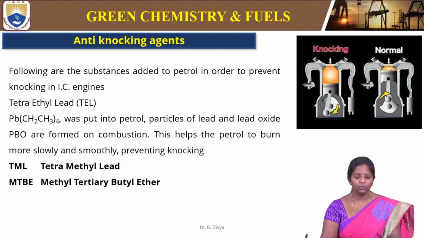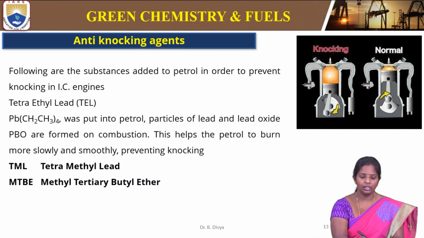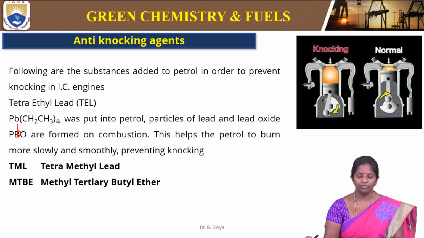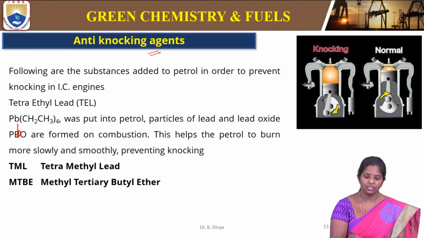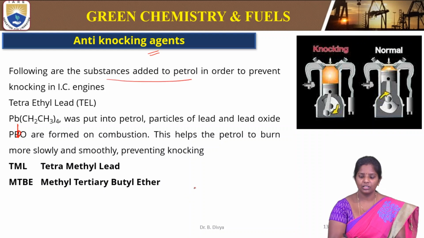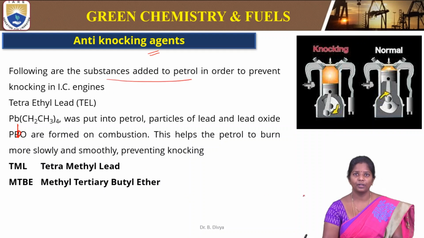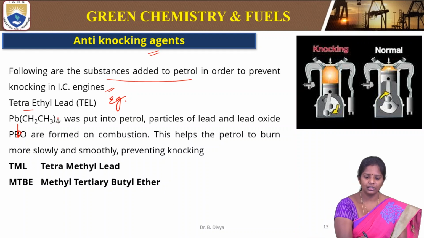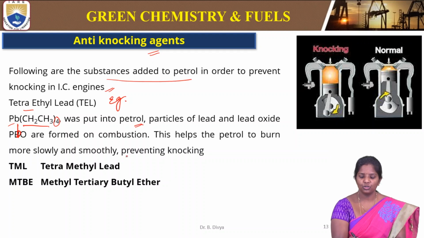So what do we do when there is knocking in the engines? We use anti-knocking agents. The following substances are added to petrol in order to prevent knocking in IC engines. For example, tetraethyl lead is put into petrol.